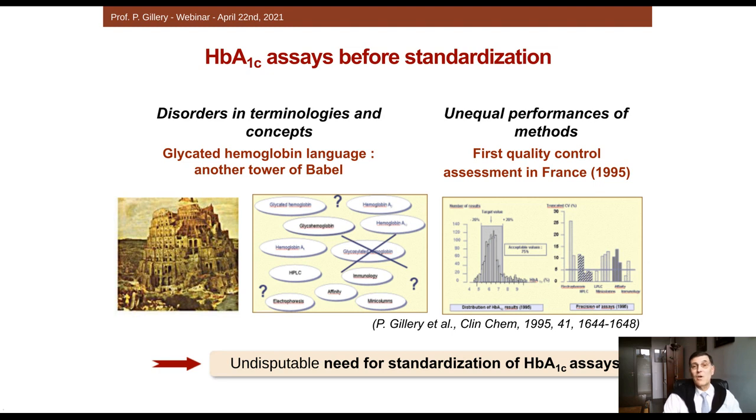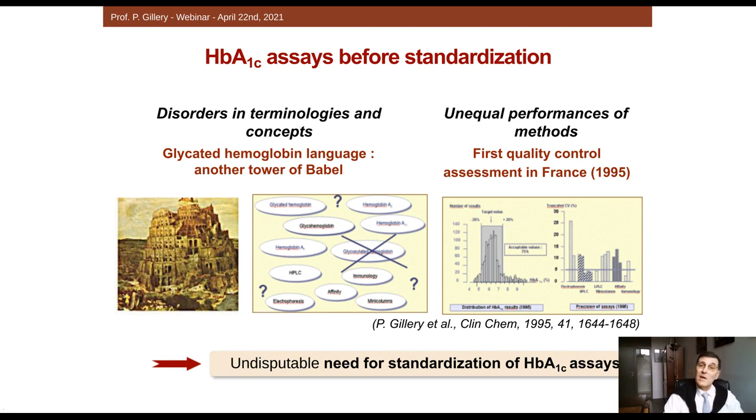And for that purpose, we sent one sample to more than 2,000 laboratories for measuring HbA1c. The target value was 6%, but you can see that the results from laboratories ranged from 5 to 11%. In addition, the imprecision of methods was very high, being very rarely below 5% and very often at 10 or even 20%.